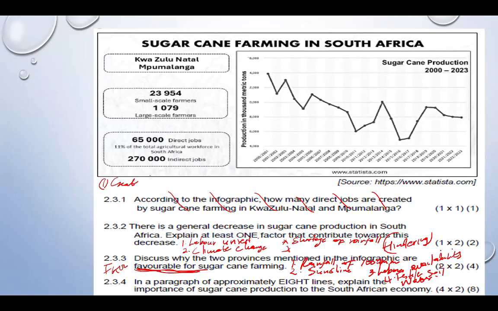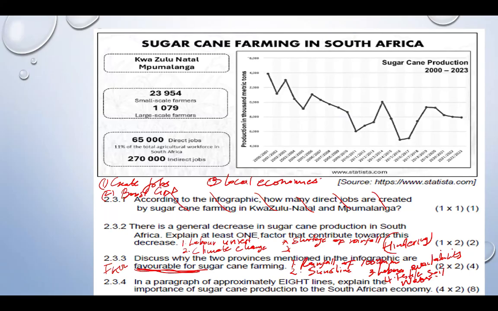Yes, it creates jobs. Number two, does it provide for GDP? Yes, it boosts GDP. Also, you can say it boosts the local economies.